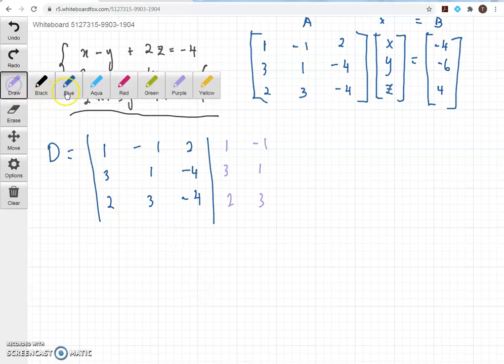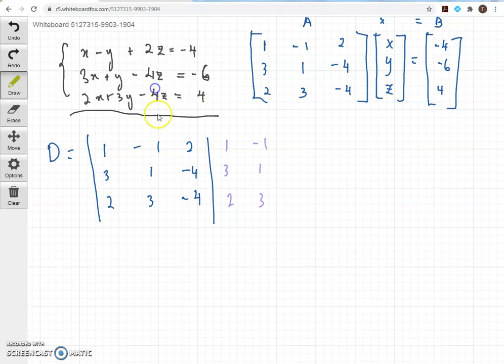The next part is that we are going to multiply the terms diagonally. Let us put in the values. The first one is 1 multiplied by 1 multiplied by -4.